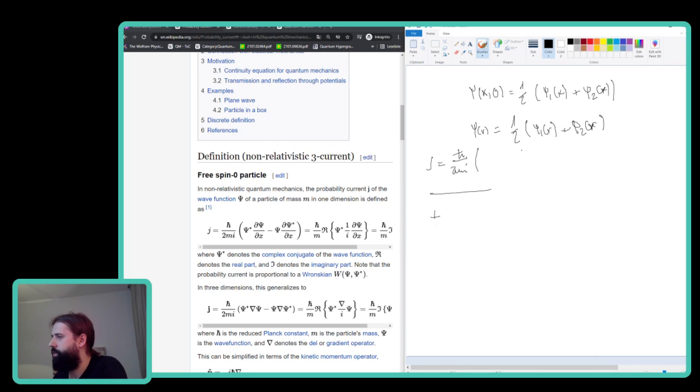So we just have 1/2 and then we have these plus psi 2 of r, and then we have the derivative of these, with respect to x, with respect to that one dimension here, this is x, but it should be r, right? So that takes the r out.